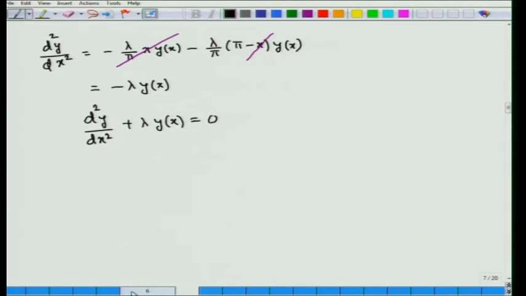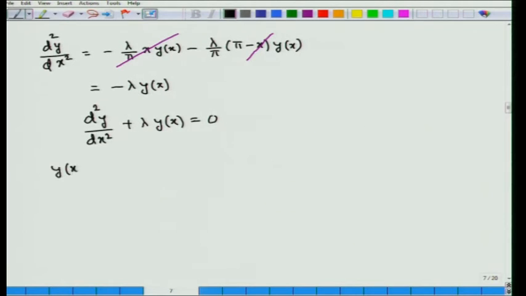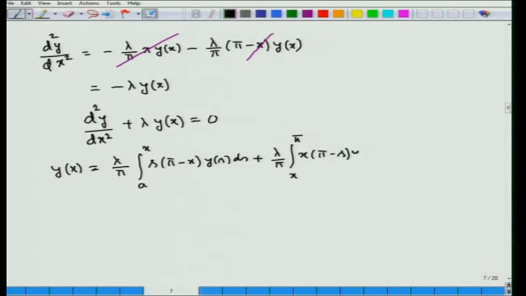So, we have to again recall the formula, that is y(x) equal to lambda by pi integral 0 to x s(pi minus x) y(s) ds plus lambda by pi integral x to pi x(pi minus s) y(s) ds.